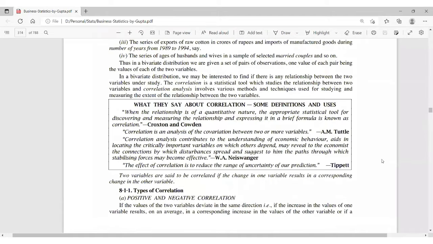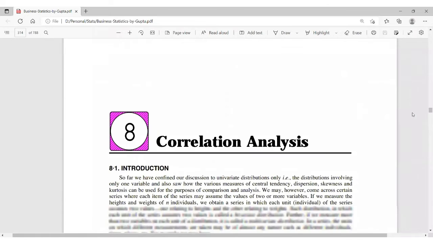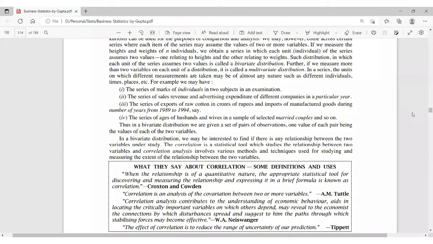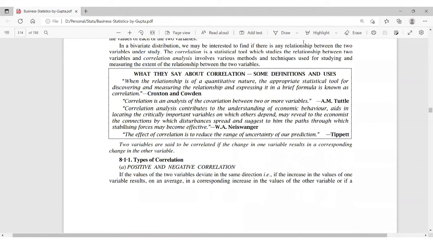Correlation. Right now, what is correlation? Correlation is the relation between two variables. This is a kind of relation between two variables, right? By definition, when the relationship is of a quantitative nature, the appropriate statistical tool for discovering and measuring the relationship and expressing it in a brief formula is known as correlation, right?